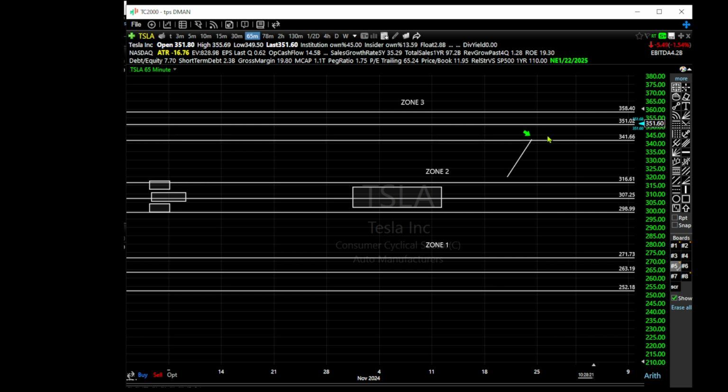So what if it does this and comes up and hits point of control? Again, I would sell some there as well. Well, what if it does that and then pulls back to 341 and it's retesting that value area low?